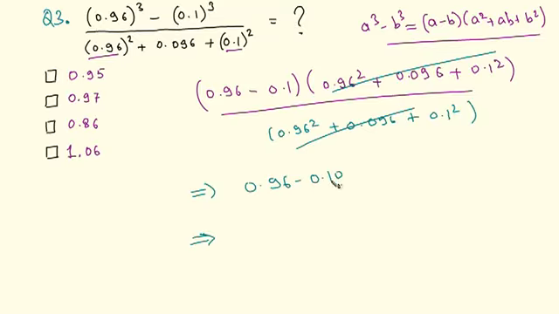I can put one more 0 here so that I have equal number of digits after the decimal point. So 0.96 minus 0.10 is 0.86, and that is our answer, option C.